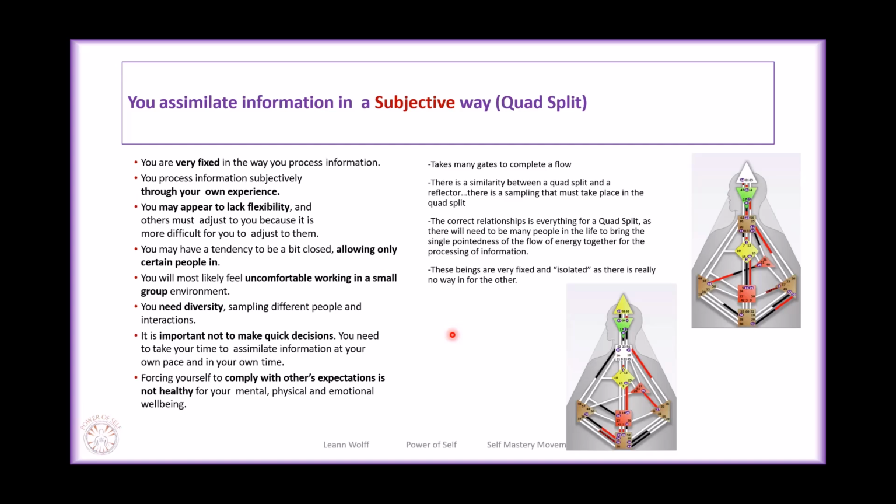No, it's about, you go to the mall and you walk around, or you go to the beach and you just walk around. Because whatever wisdom you need to pick up is right there in their auric field, waiting for you to just sample it. So these beings are very fixed and isolated, and there is really no way in for the other.